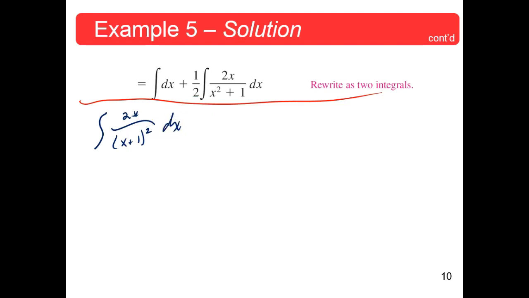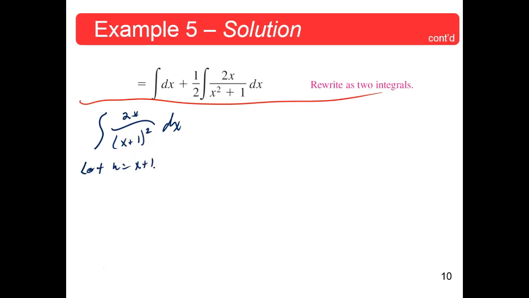Now, how would you proceed with that? I can think of a couple of ways to go. How would you do it? Substitute x plus 1 squared. Okay, so he was going to go to the u substitution, let u equal x plus 1.